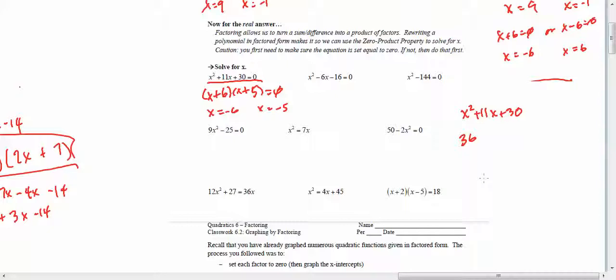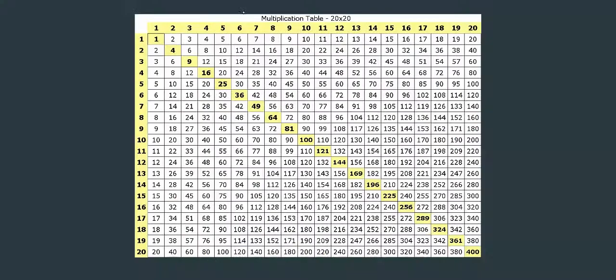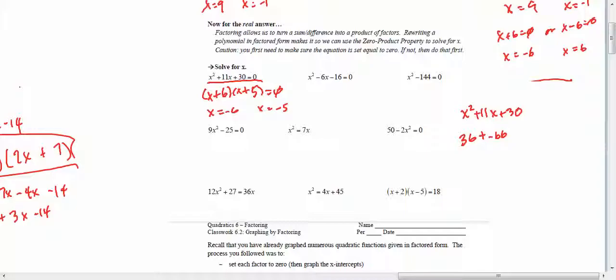Negative 6 squared is positive 36, right? Plus 11 times negative 6. What's 11 times negative 6? Negative 66. I'll show you. Look, 11 times 6 is 66. So, you guys got that? Alright. Plus 30. What is 36 minus 66 plus 30?